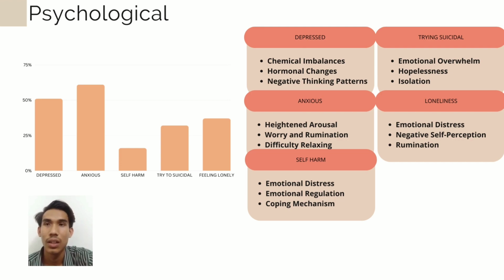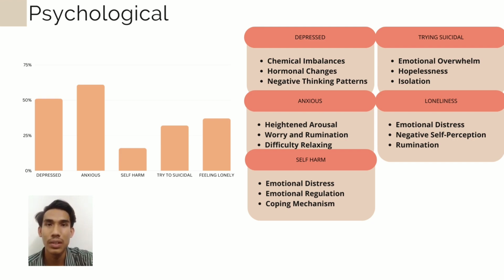The highest percentage in the UK is anxious, which is 61%, then followed by depressed, and then feeling lonely and trying to be suicidal, and lastly they may self-harm. Why does depressed have 51%? Because of chemical imbalance.